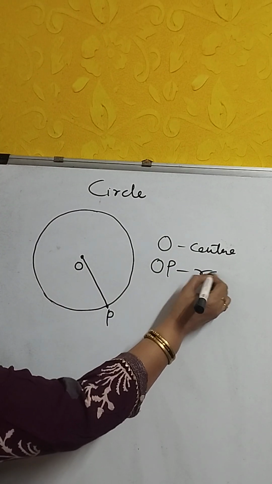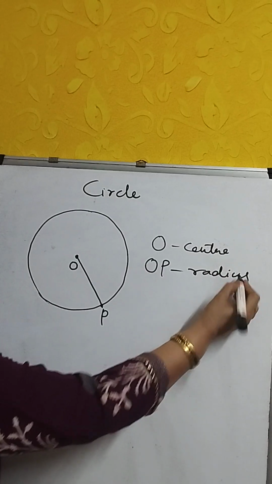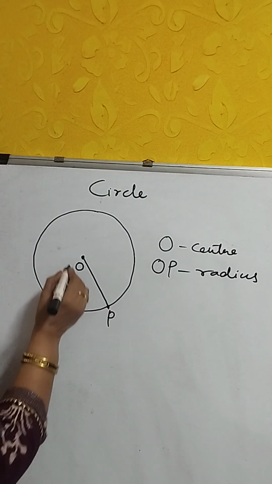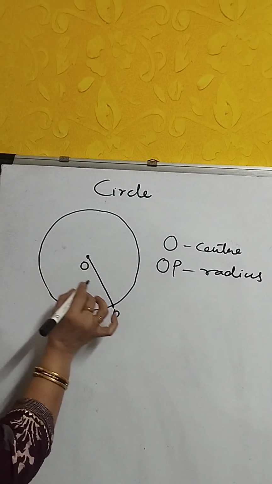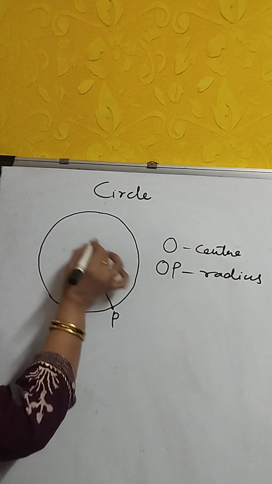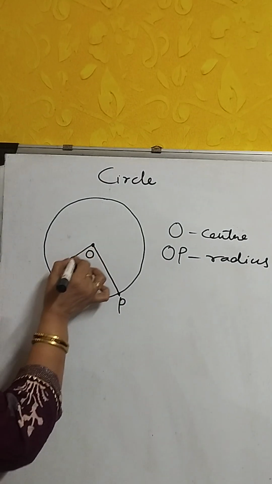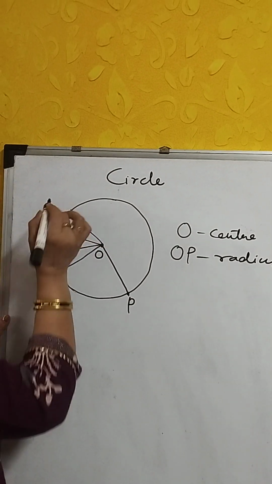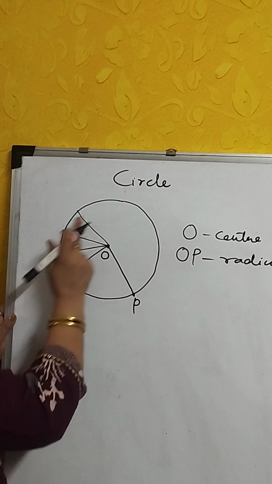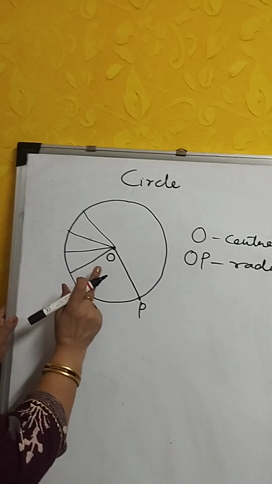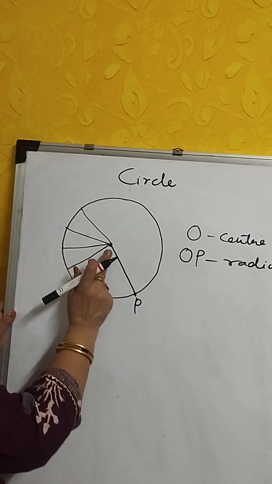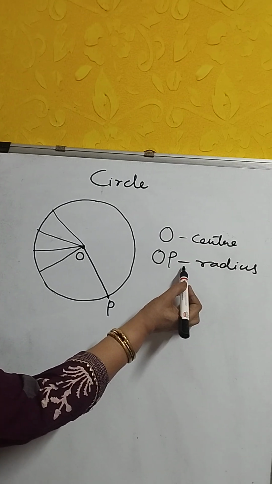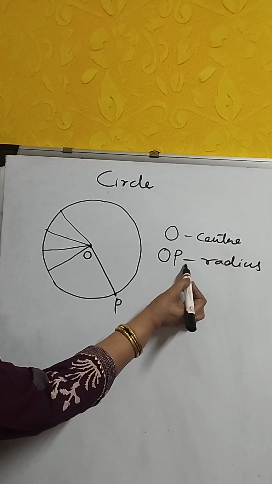OP is a radius, and radius is a segment. Remember this. There are infinite segments we can draw in this circle, like this 1, 2, 3, 4. So we can draw infinite radii in the circle. So first point is center of the circle. Second point is radius of the circle.